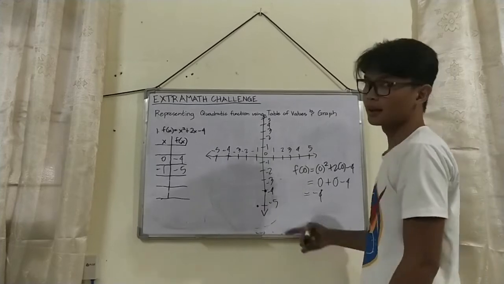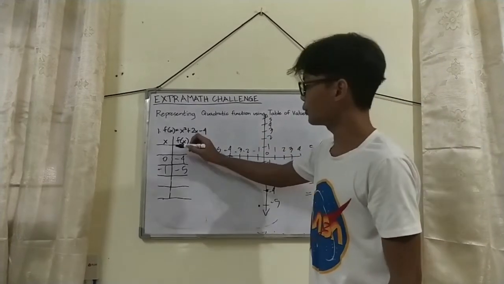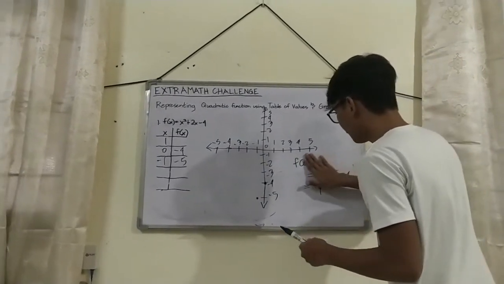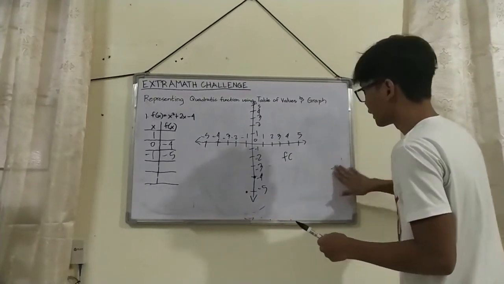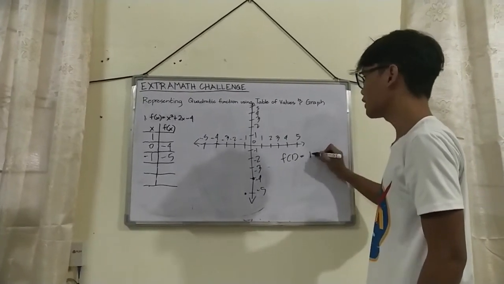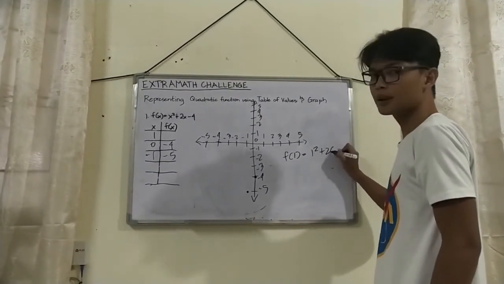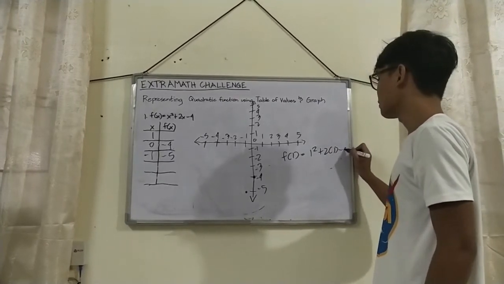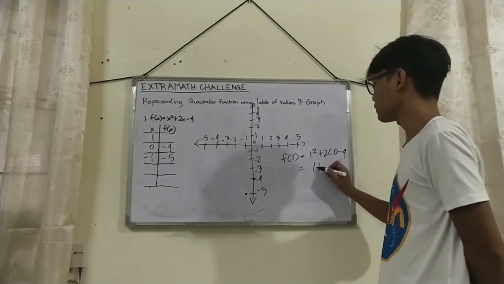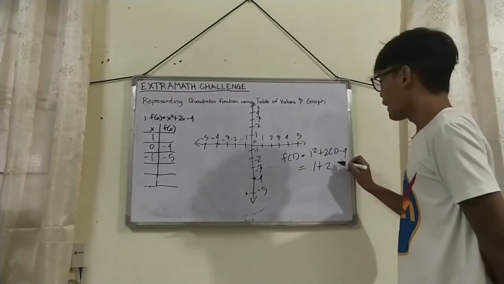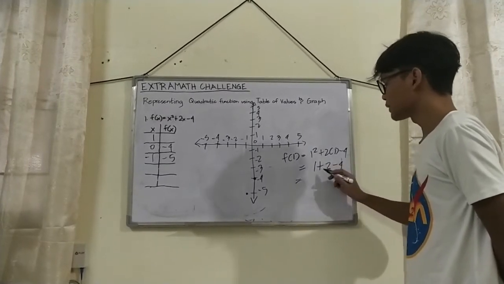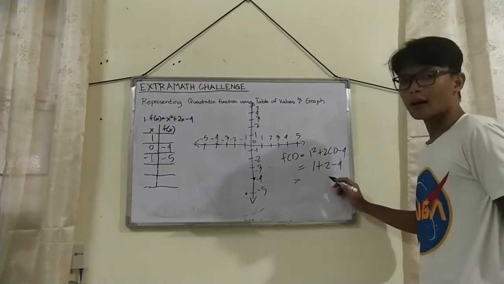So, we'll let x be 1, and we will solve for the f of x or y value. If x is 1, we have 1 squared plus 2 times 1 minus 4. 1 squared is equal to 1, plus 2 times 1 is 2, so 1 plus 2 is equal to 3, minus 4.